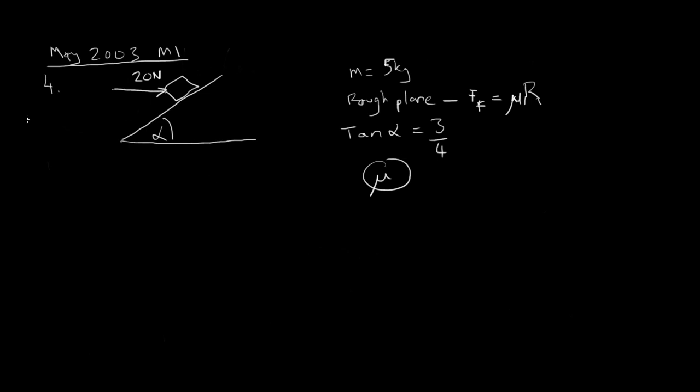What's important about this problem is to make a big diagram to make sure that we know what's happening. So, if this is our plane, and this is our block on the plane, and this is our force, that's a force of 20 newtons.